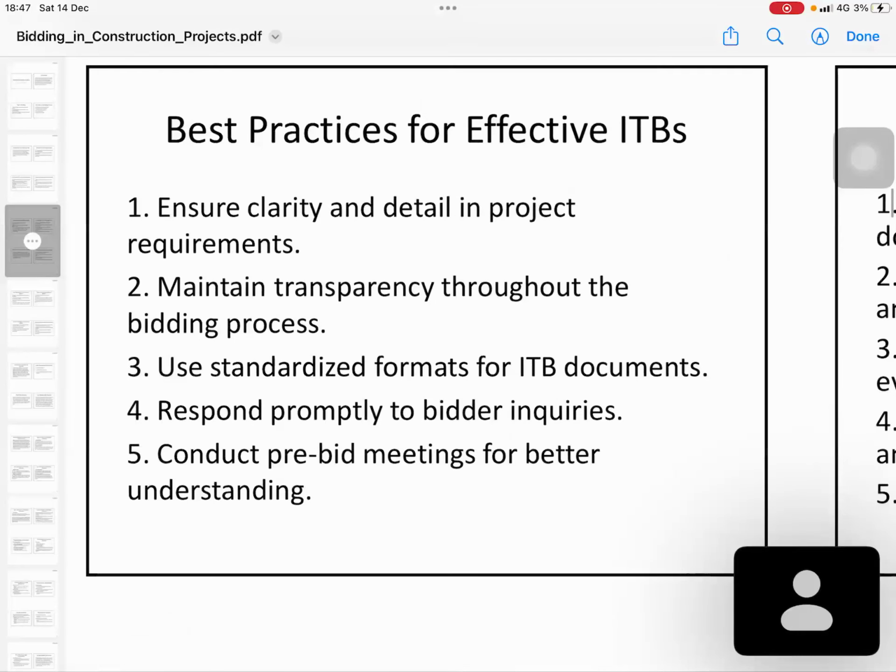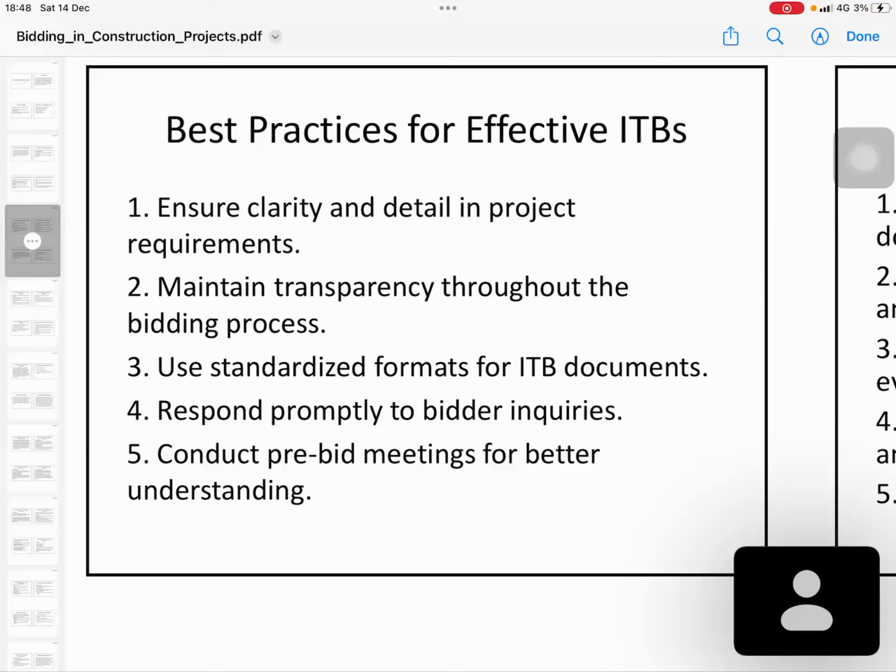So these are the best practices. These are not the standard, but normally we use them in the industry. Ensure clarity and detail in the project requirements, and also maintain transparency throughout the bidding process. Use standardized formats for the ITB documents. Respond promptly to bidder inquiries, because they will ask questions, like what bonds you need.